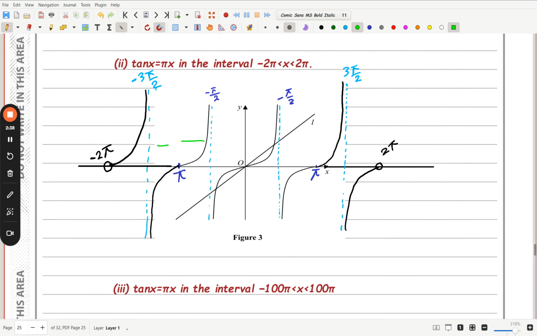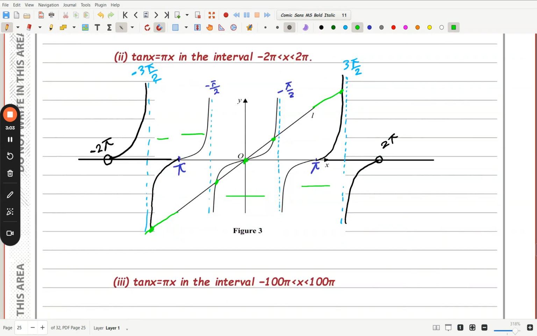So we have one cycle, here the second cycle, and here the third cycle. Now we continue drawing the line L. You can see this is an intersection point, and here, and here, and here, and also here. Count them: 1, 2, 3, 4, 5. So we have 5 intersection points.